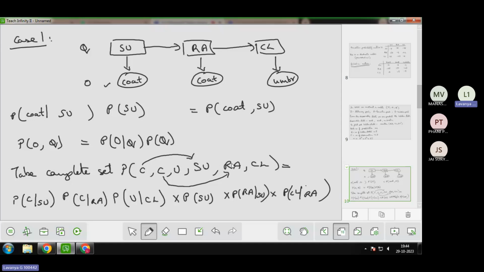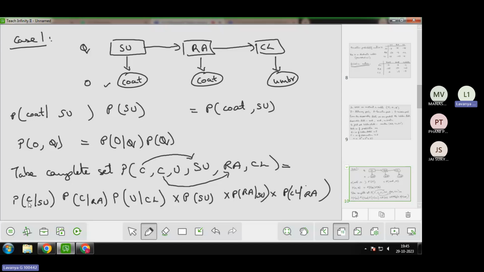Next, he is now taking an umbrella. It is cloudy and he is having an umbrella. Now all this has to occur. It should be cloudy, you should wear coat 2 times, then an umbrella, and then sunny, rainy, cloudy. So you have to multiply it by the previous day condition.